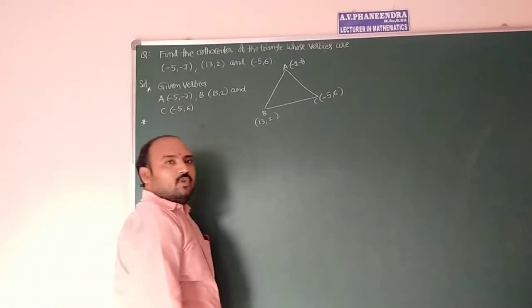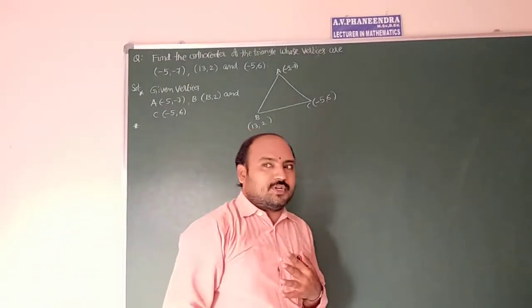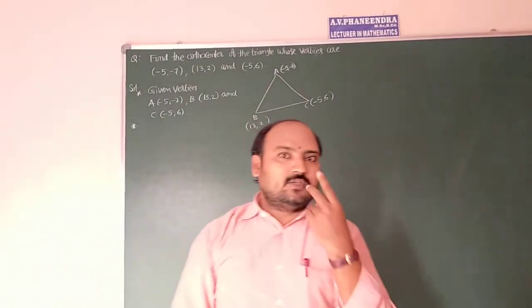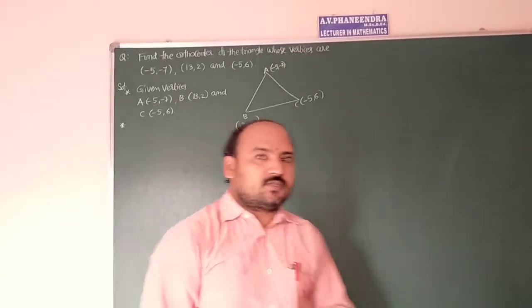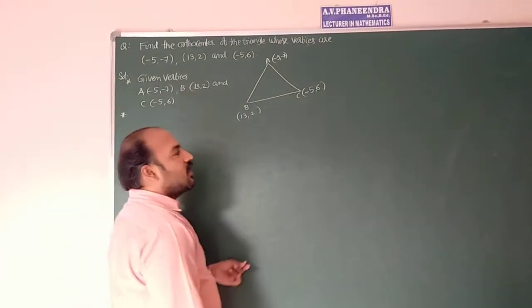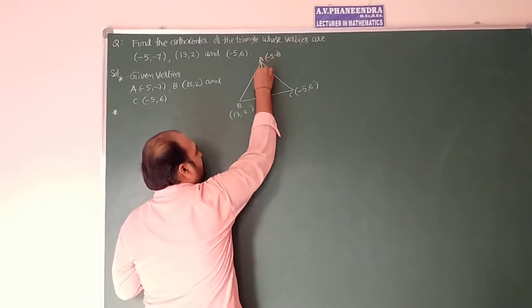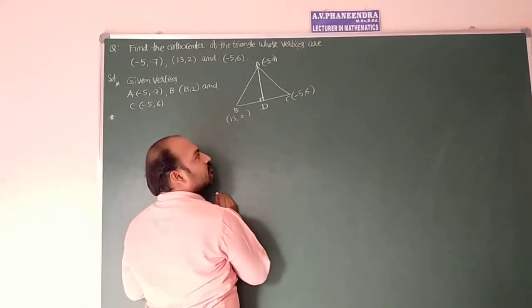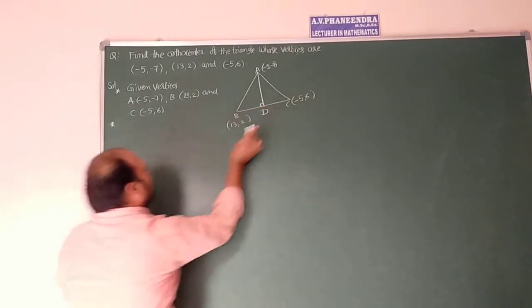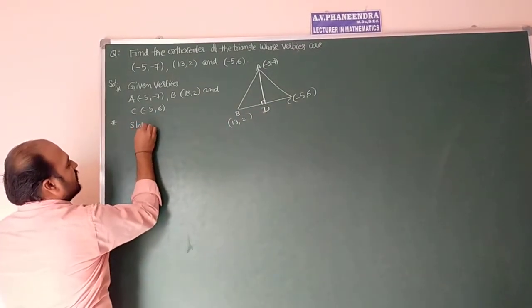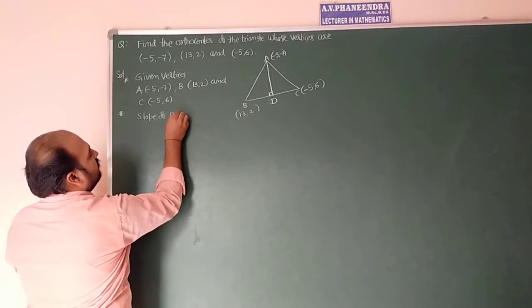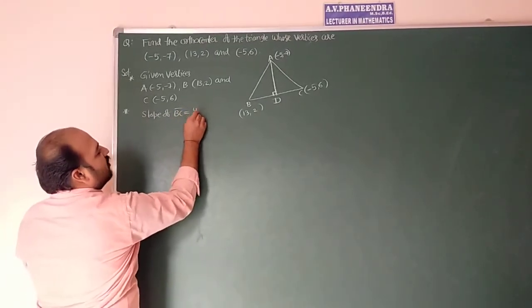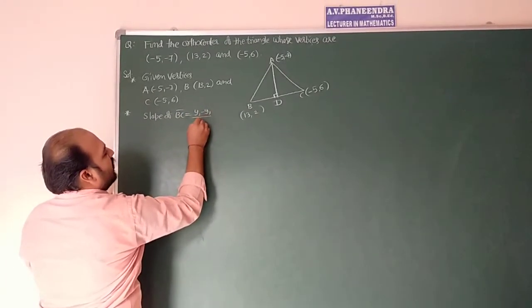After that, according to the procedure of orthocenter, we need to calculate two altitude equations. To calculate the first altitude AD, D is not the midpoint, you remember that? Slope of BC calculated. Slope of BC, by using the formula y2 minus y1 by x2 minus x1.